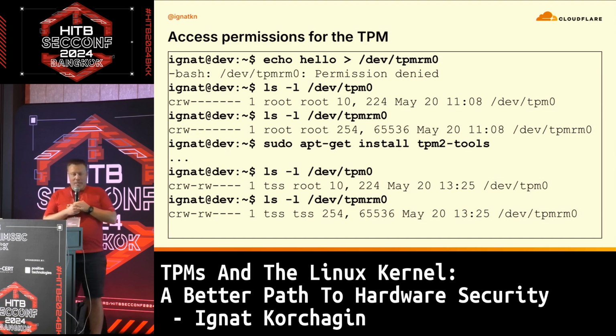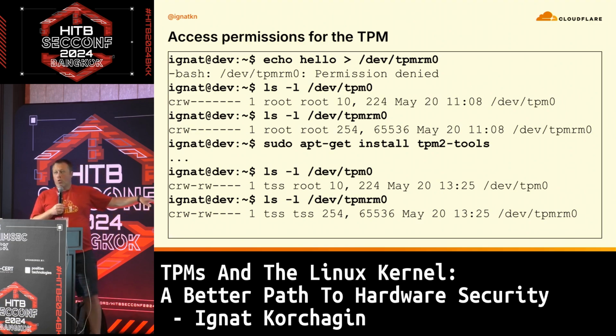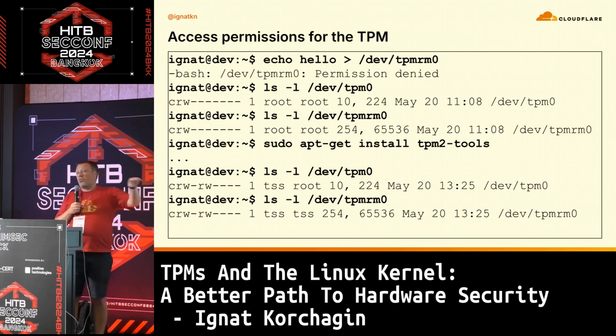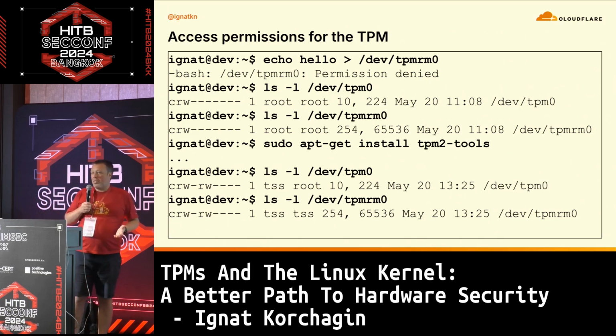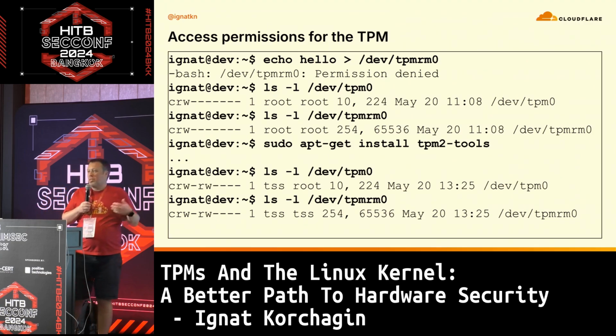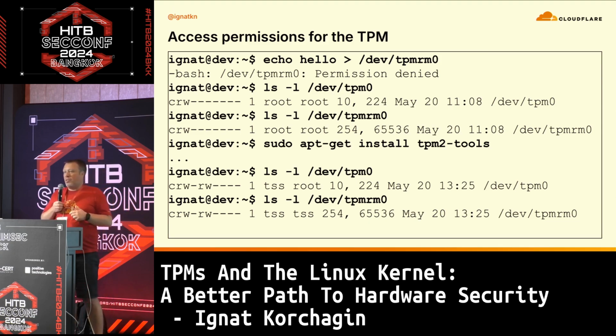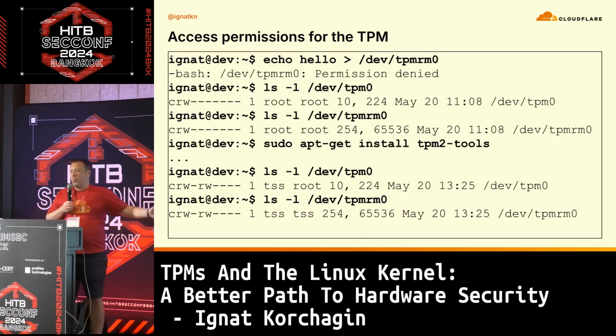So you will be able to talk to the in-kernel resource manager if your user runs in the tss group. But again, it is confusing for an application developer. How then do I package my application? For example, if my application uses Go TPM, do I have to install the Intel TSS stack just to get permissions changed?